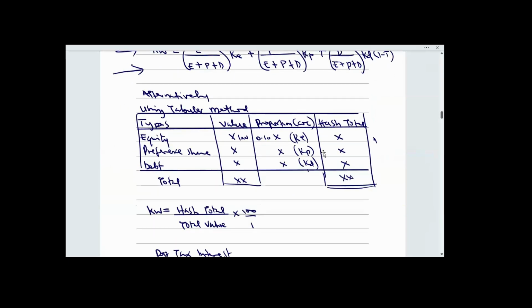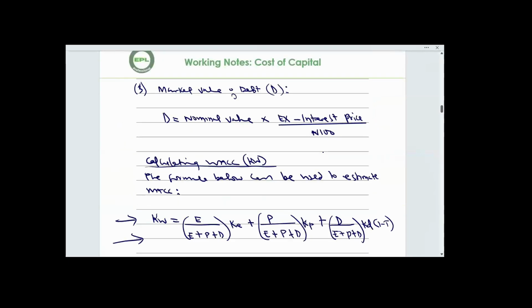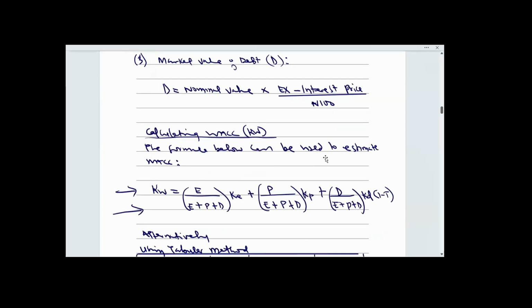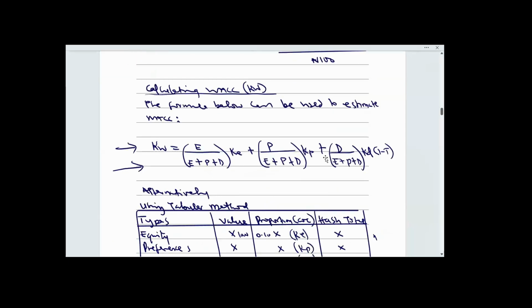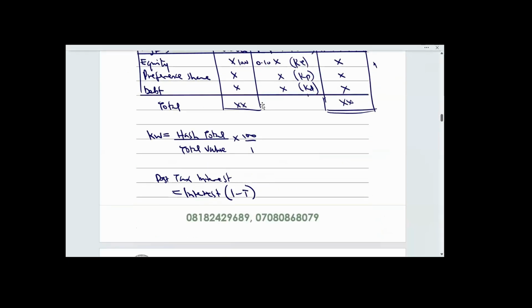Even when you are calculating the market value of the debt, for example, here we said X interest price. You would have adjusted for tax when calculating the cost of individual sources of finance. You will see what I'm talking about when we begin to solve questions.